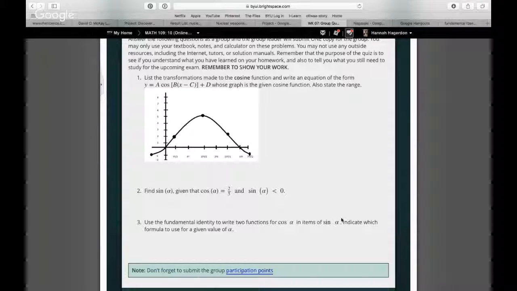Oh, yay, it's not going anywhere. I'm going to consult the math book. Fundamental identities.